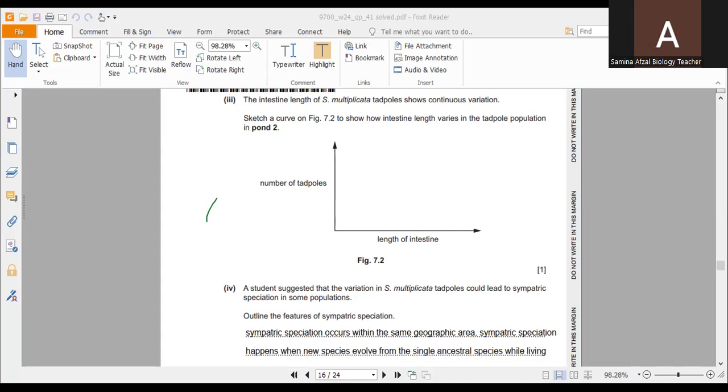Continuous variations can take an average of values, not just distinct categories. So the average value will be the peak value. So in this case, when we sketch the curve, it will be just like this. A peak in the middle shows the intermediates.